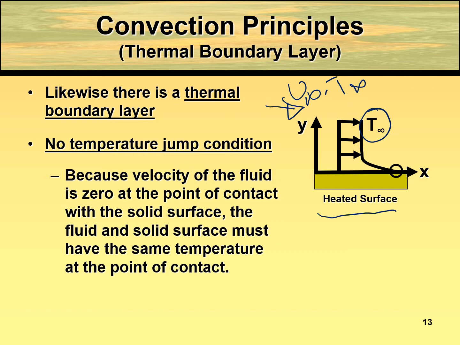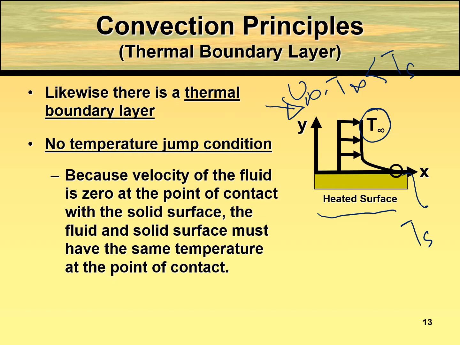So what we have here is that T infinity is less than T surface. Okay, so this is Ts. Throughout this Ts, the heated surface temperature, heat will be transferred from the heated surface to the surroundings.